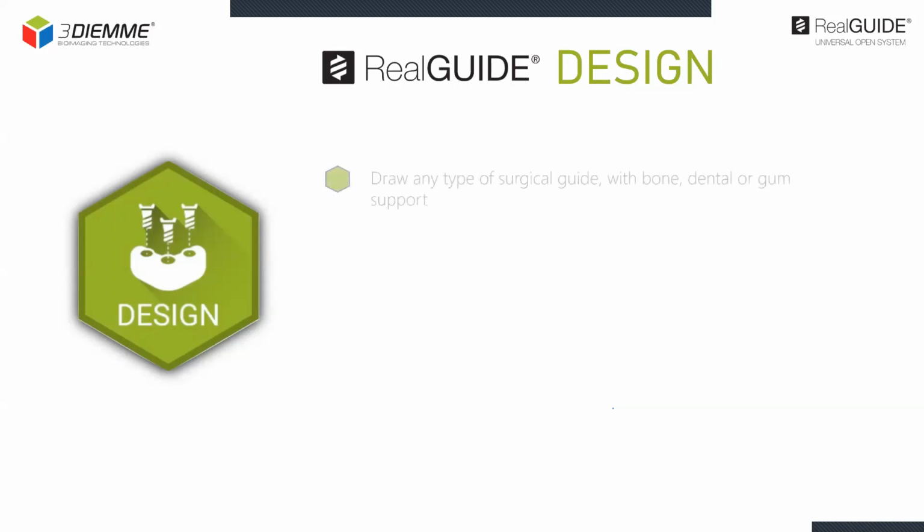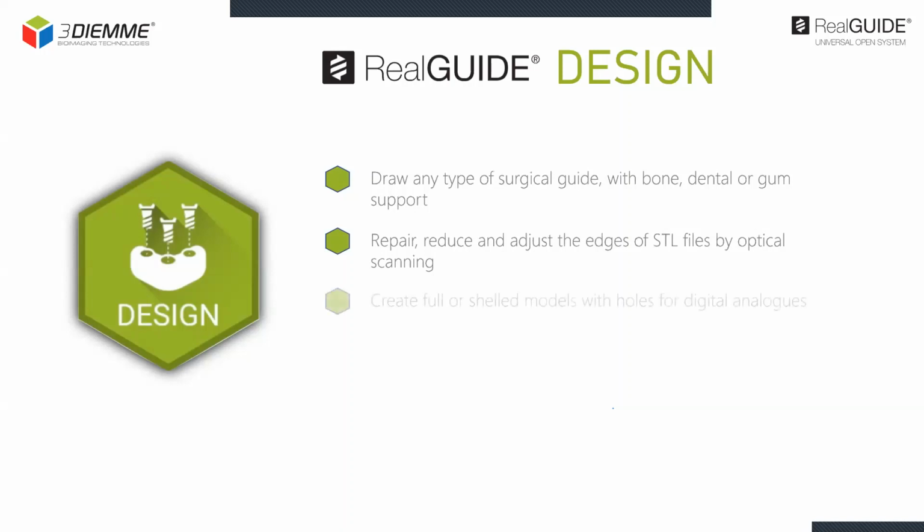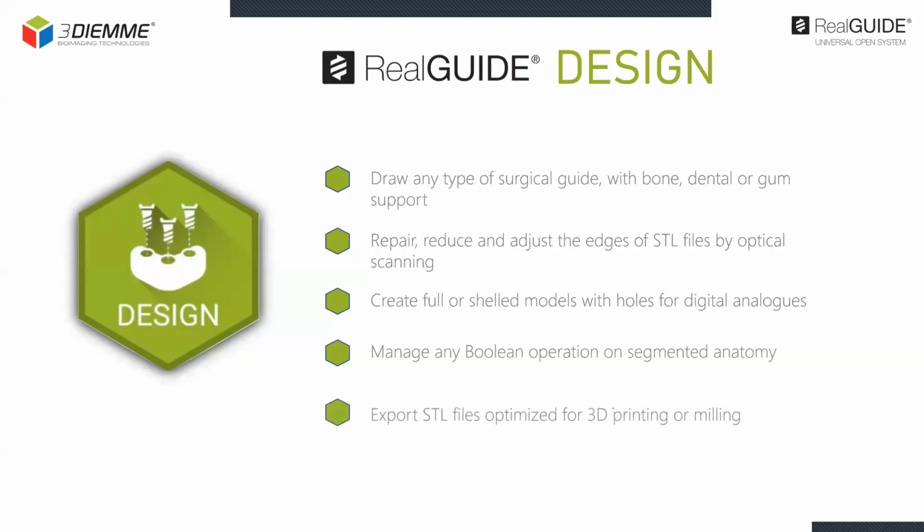Furthermore, it is possible to draw any type of surgical guide with bone, dental, or gum support, repair, reduce, and adjust the edges of STL files from optical scanning, create full or shell models with holes for digital analogs, manage any Boolean operation of symmetric anatomy, and export the STL file optimized for 3D printing or milling.